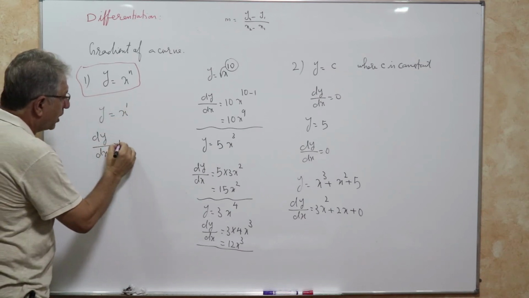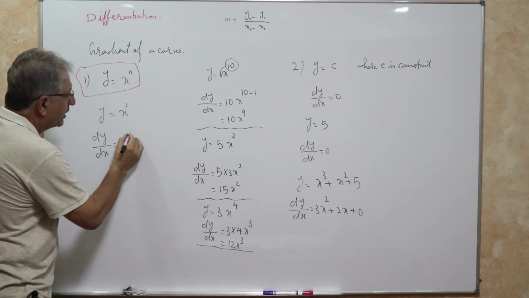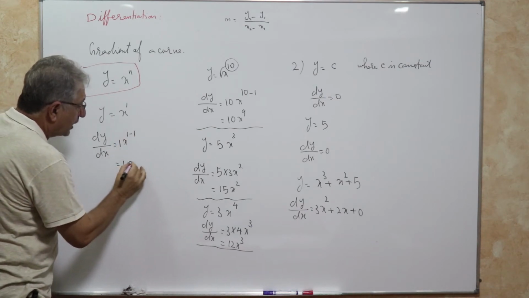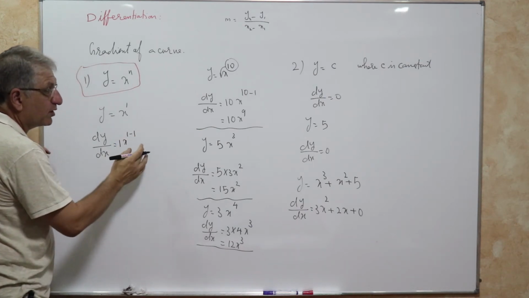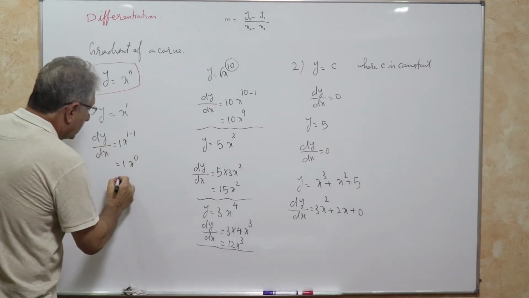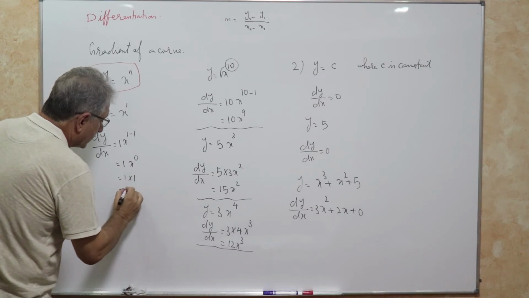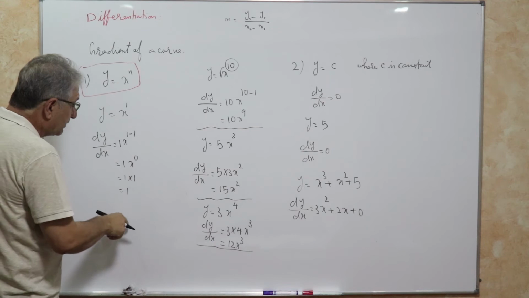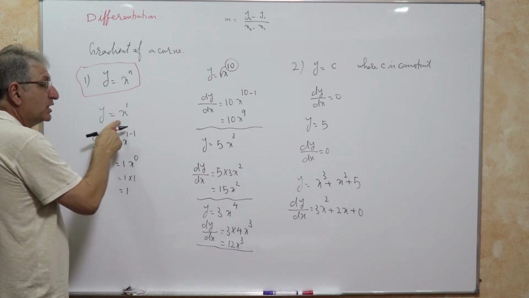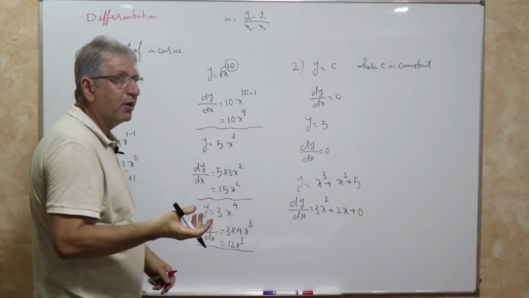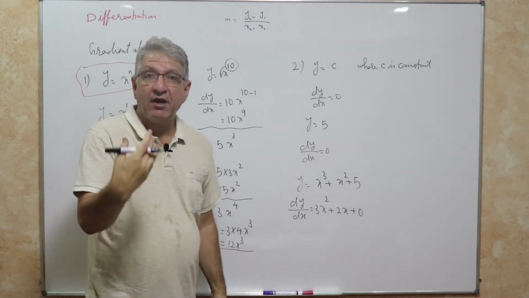Therefore, 1 comes down, then x to the power of 1 minus 1. Therefore, this is 1 times x to the power of 0. Any number to the power of 0 is 1. Therefore, this is 1 times 1, which is 1. So remember, when there is x only, when you are differentiating that, you have to reduce 1 from the power, so there won't be any x after that.